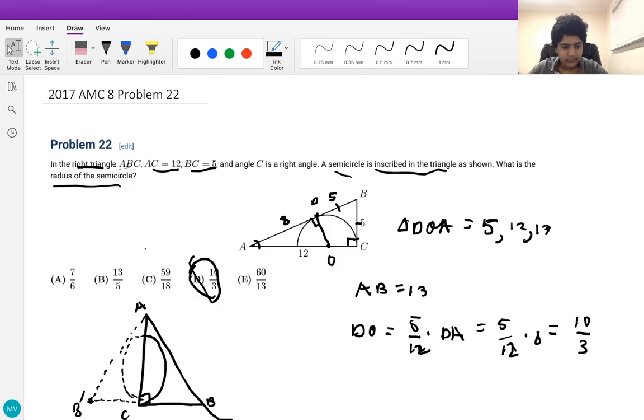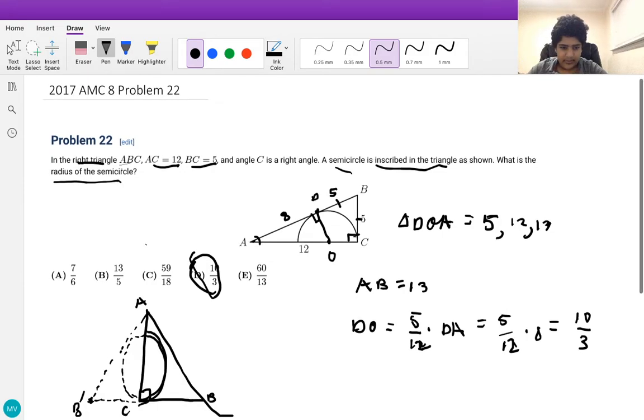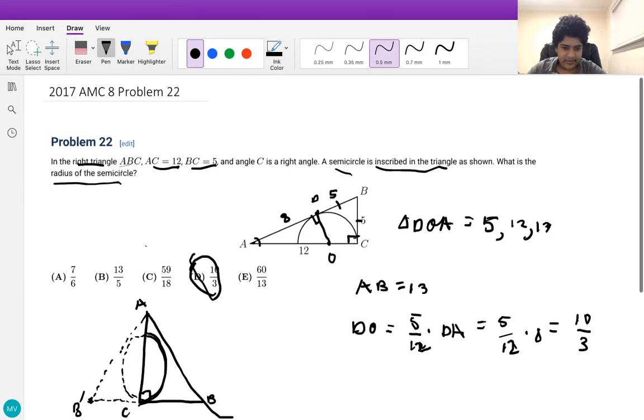So you know that the inradius times the semiperimeter is equal to the area. And now this is what we're going to be using to find the inradius in this case.